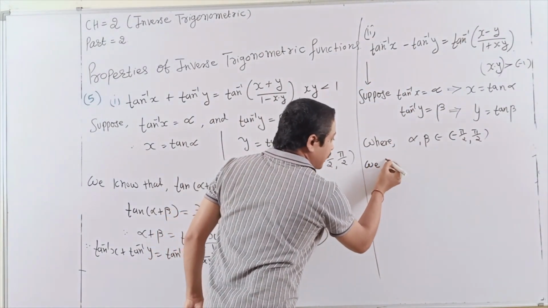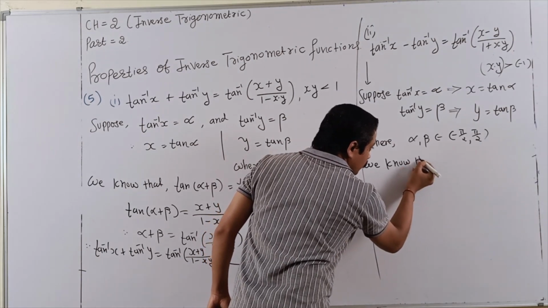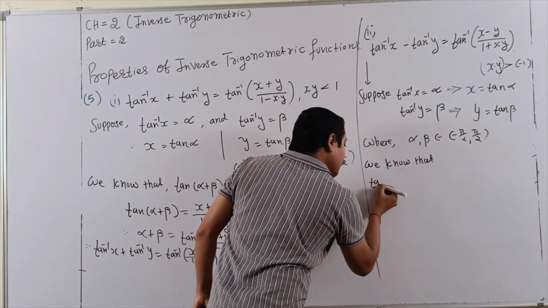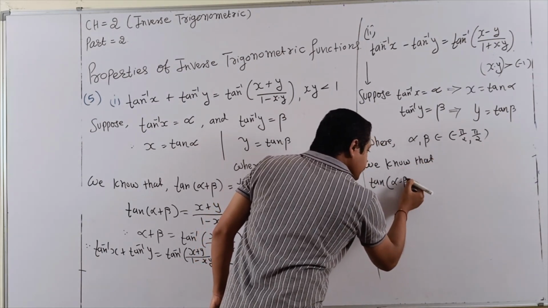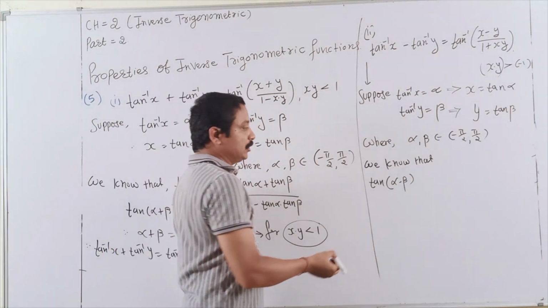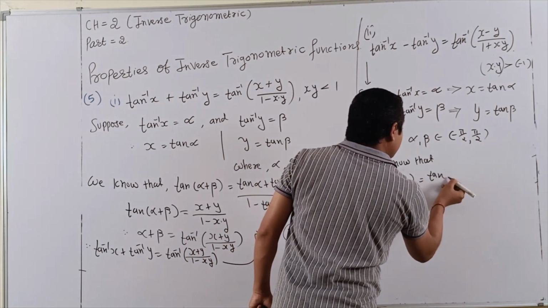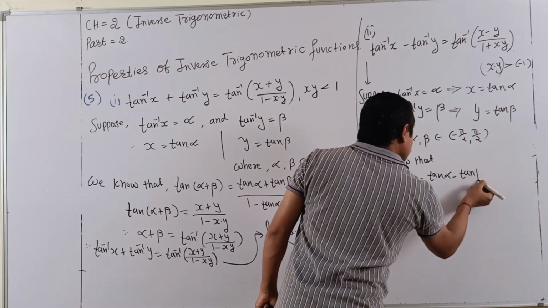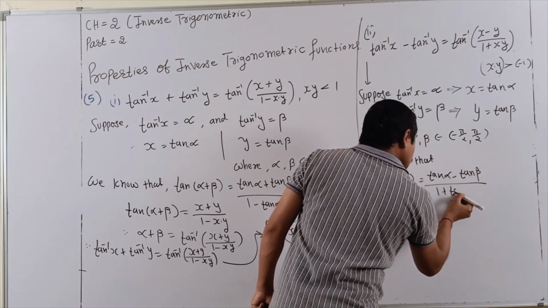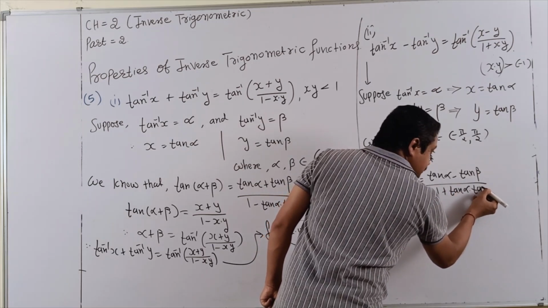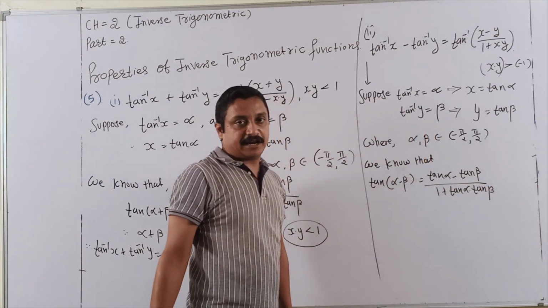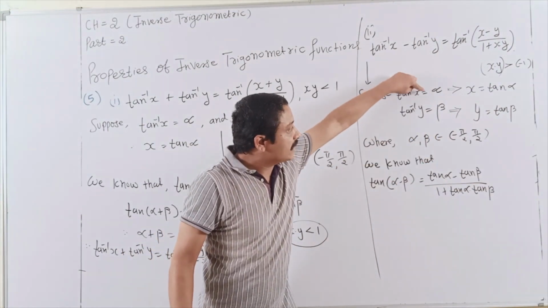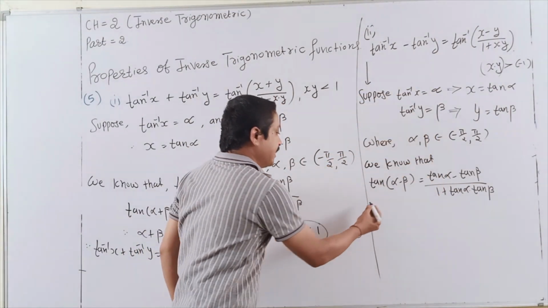So we know that tan of alpha minus beta is equal to tan alpha minus tan beta upon 1 plus tan alpha tan beta, and these values x and y we just apply inside.